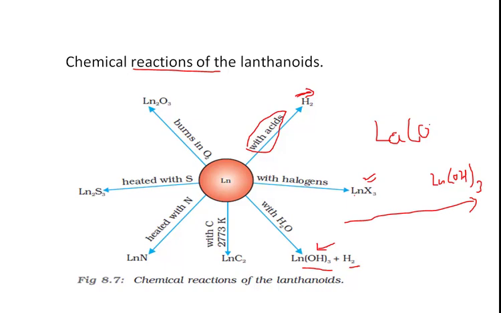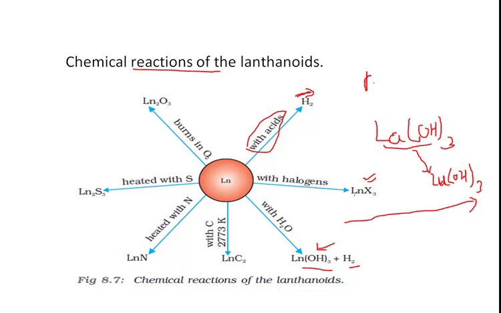Out of these two, which one is more basic, if this question is asked, on what basis can we explain? The basic character of hydroxides goes on decreasing as we move along the series. Lanthanum hydroxide will be more basic than lutetium hydroxide.